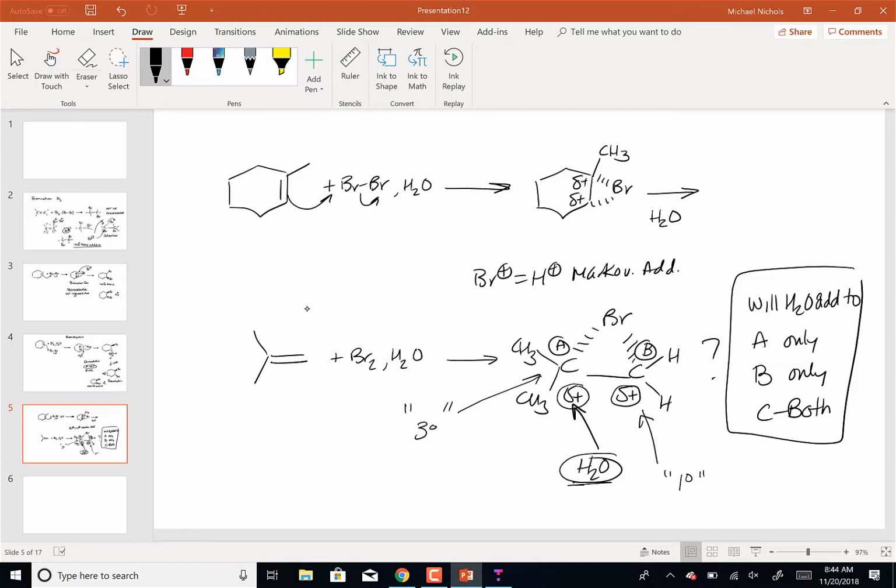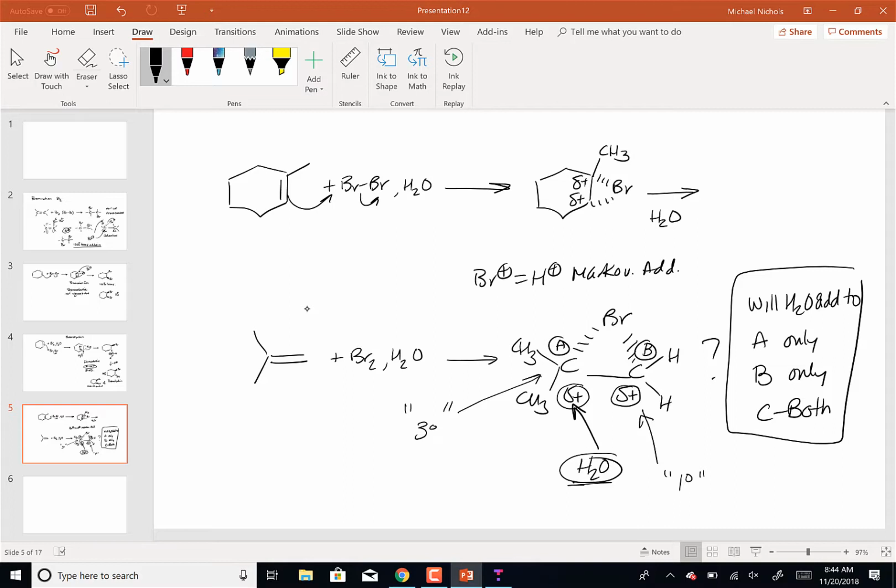So this reaction actually goes by Markovnikov addition if I broaden my terms. Markovnikov only dealt with H. But if I broaden my terms and say, anytime you add the electrophile to the carbon with the most hydrogens, that's going to be Markovnikov addition too.